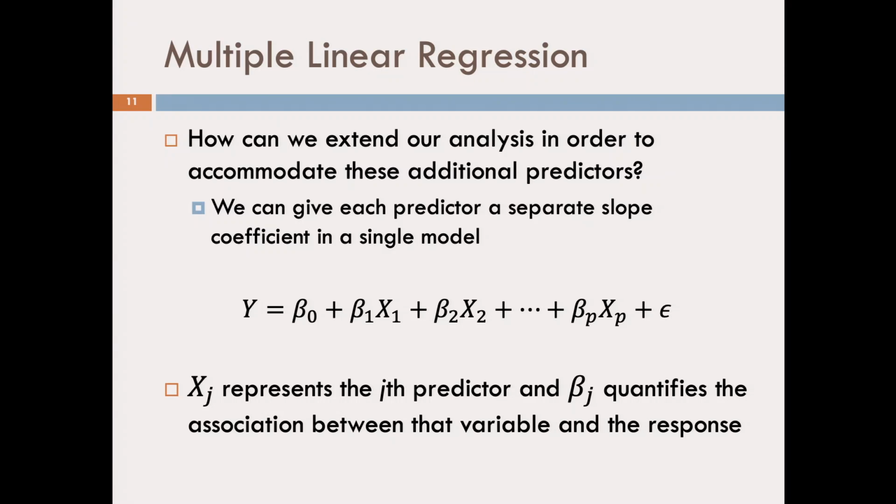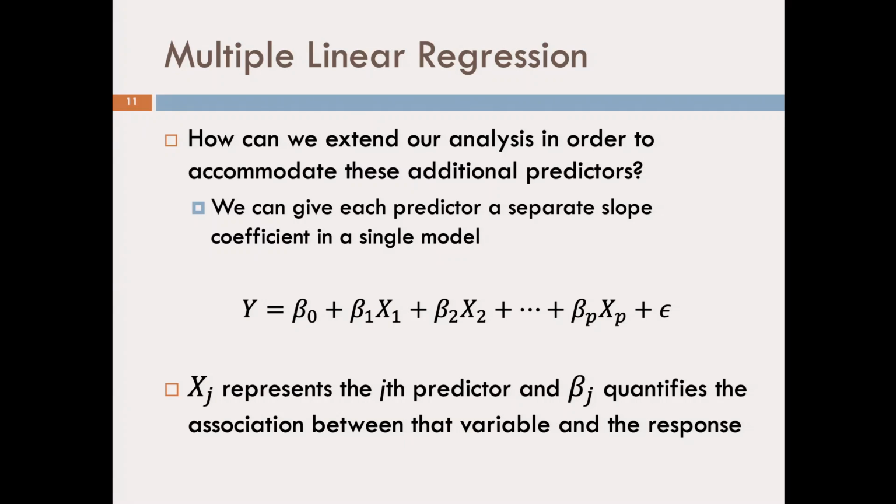We associate to each of the variables a different slope, that's a different beta. Here, this is just simple linear regression, so we just extended it for more variables.